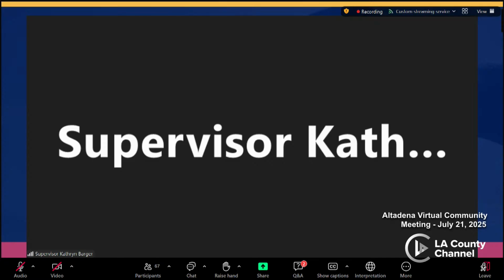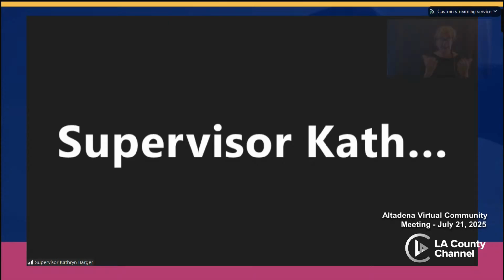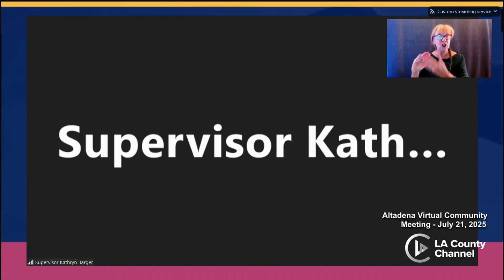Thank you, and thank you for joining us this afternoon. We're keeping up the momentum and going to provide you with resources and support to recover and rebuild, something that I remain committed to. I'm excited to share that on Wednesday, we launched the USPS Village Post Office at the beloved Webster's Community Pharmacy in Altadena. This resource will allow you to send and mail packages, providing another way to stay connected to Altadena.